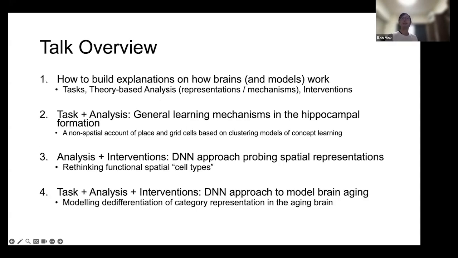First, I'll build my argument on how we should build explanations. Then there are three projects, if I can get through them. The first one is a general learning mechanism with the hippocampal formation. The second one will look at spatial representation using a deep neural network approach. And finally, we'll talk a bit about how we've been trying to model brain aging, specifically category representations in the aging brain.